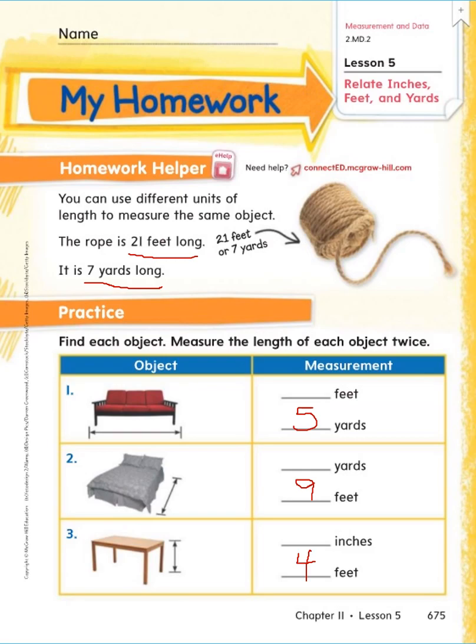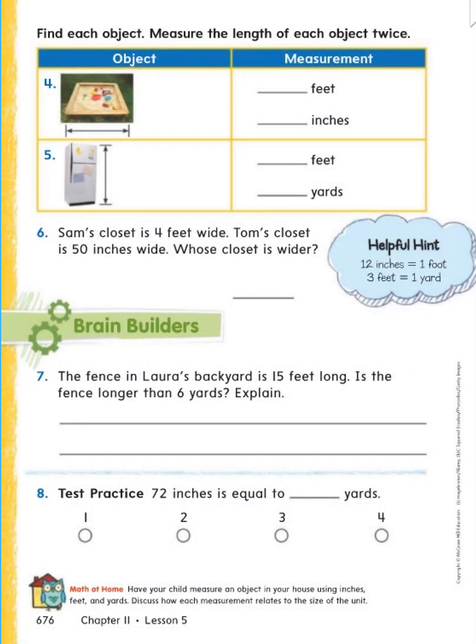So make sure you're writing my numbers down on your paper. Okay, for number 4, I'm going to say that that is 24 inches wide. And I will say that that refrigerator is 6 feet tall. Okay, there's a helpful hint on there that'll help you again.